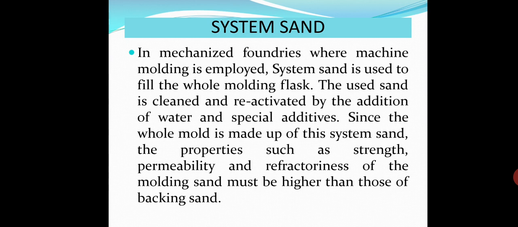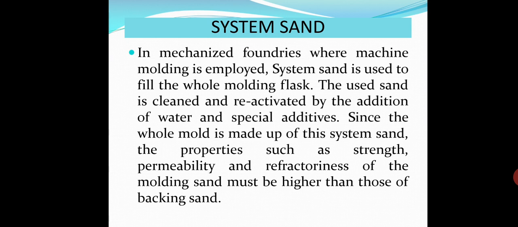Since the whole mold is made up of this system sand, properties such as strength, permeability and refractoriness of the molding sand must be higher than those of backing sand, because backing sand was used only in the remaining areas which are not coming in contact with the molten metal or the parting surface.